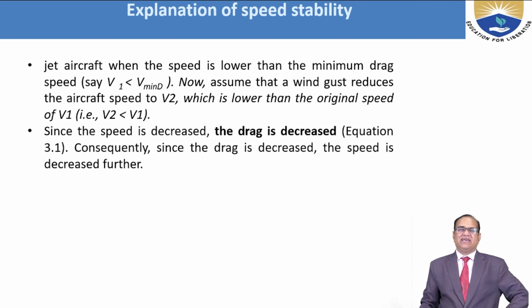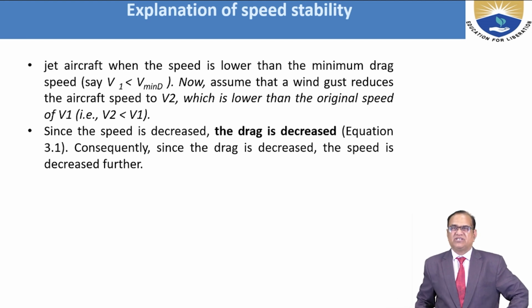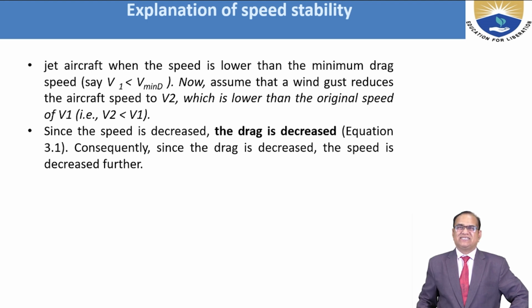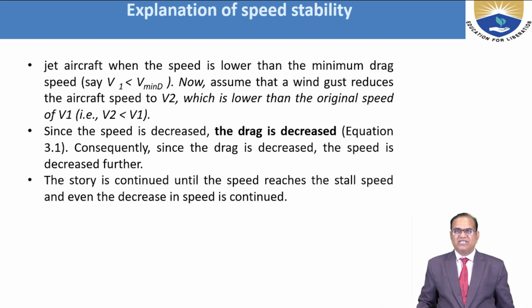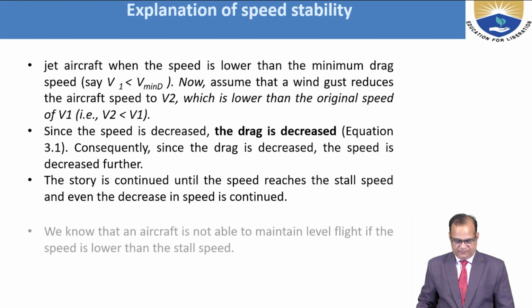Then what will happen? Since the speed is decreased, the drag is decreased, equation 3.1. Consequently, since the drag is decreased, the speed is increased further. The story continues until the speed reaches the stall speed, and even then the decrease in speed continues.